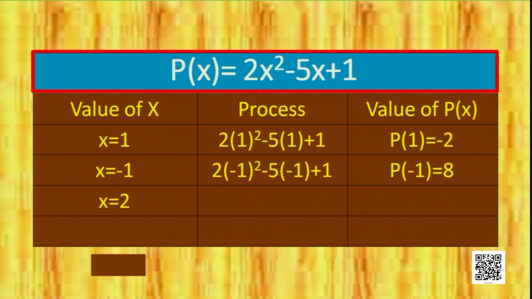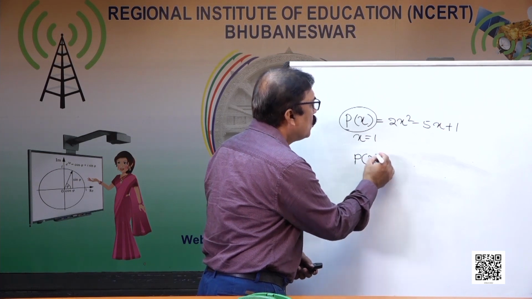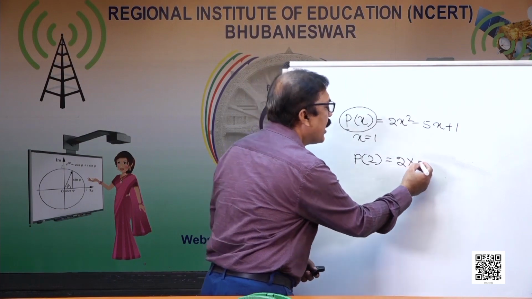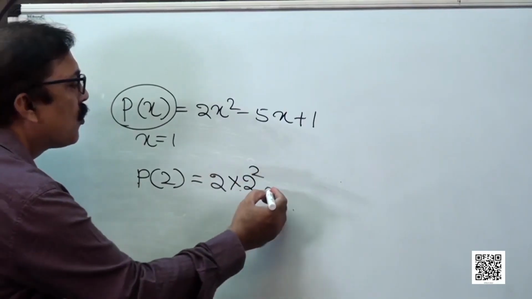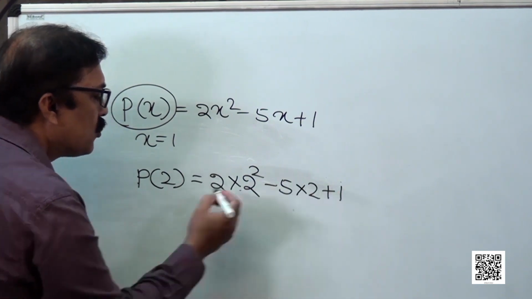Now what is the value of the polynomial for x = 2? Just replace in the same way. The polynomial here is written as p(2) = 2 into 2² − 5 into 2 + 1.